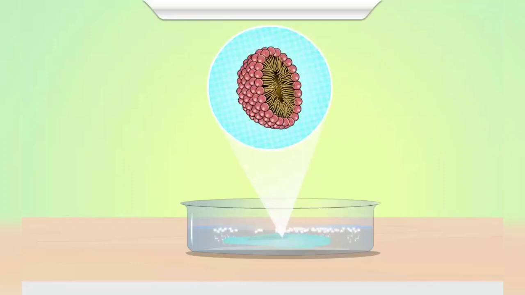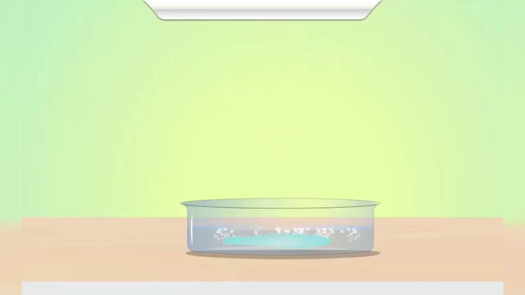The hydrophilic head remains on the outside, and the hydrophobic tails remain on the inside of the micelles. These micelles remain suspended in water and are washed away when rinsed with water, carrying the dirt particles with them. Your dirty clothes or greasy dishes now come out clean.